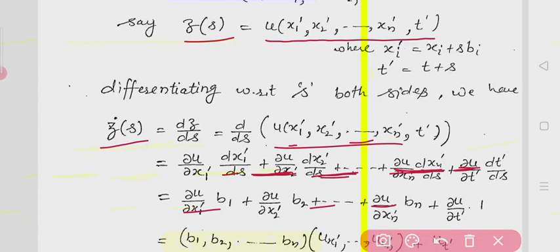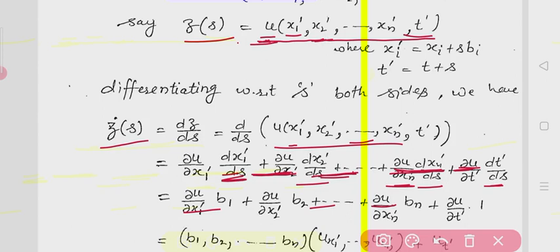The partial derivative of u with respect to x1 dash into the derivative of x1 dash with respect to s, plus the partial derivative of u with respect to x2 dash into the derivative of x2 dash with respect to s, and so on, up to the partial derivative of u with respect to xn dash into the derivative of xn dash with respect to s, and the partial derivative of u with respect to t dash into the derivative of t dash with respect to s.